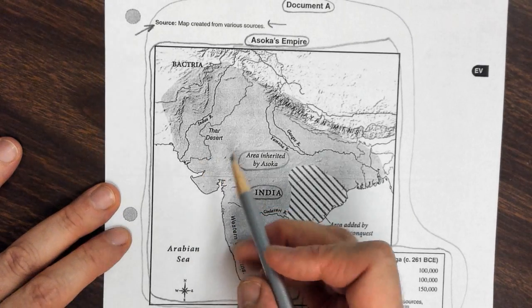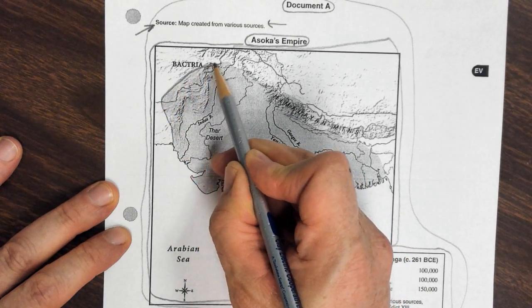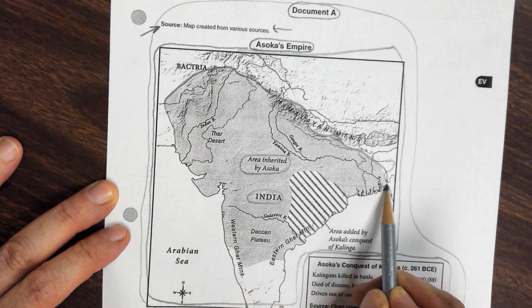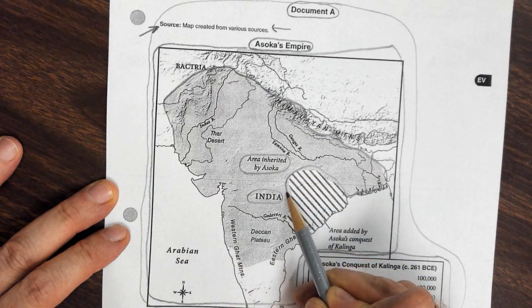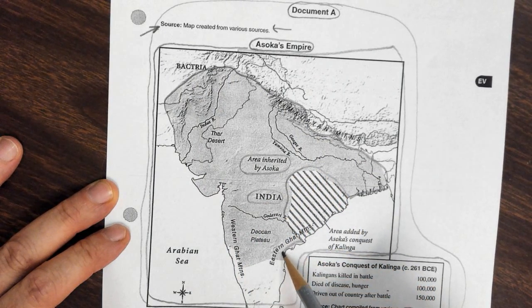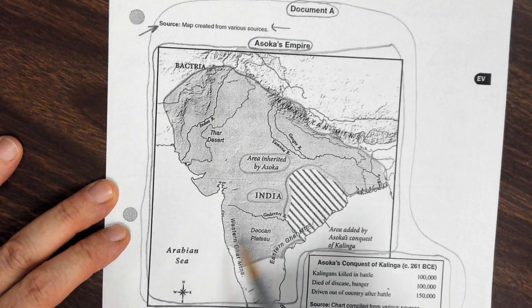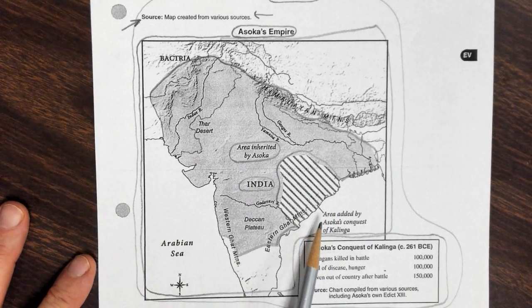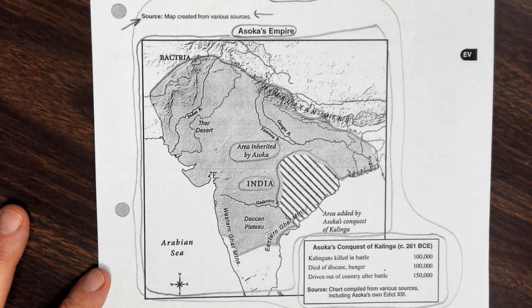If you want, we can quickly, and I mean quickly, highlight or outline the gray area so you can see all of the area that Asoka inherited from his grandfather. So now I've highlighted all that. So go ahead and take a second, pause the video, and make sure you're caught up.